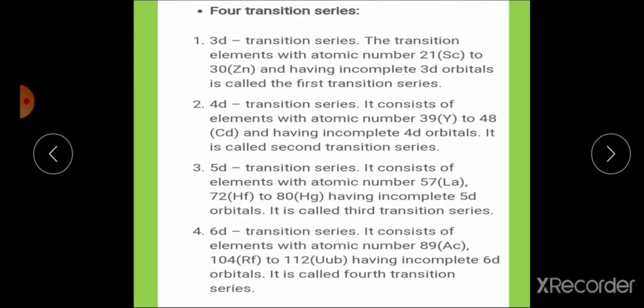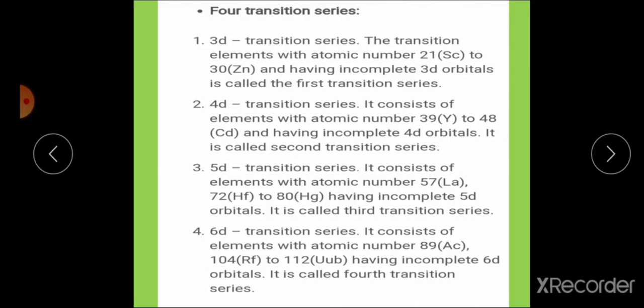Fourth is the 6d transition series. It consists of elements with atomic number 89, actinium, then rutherfordium 104 to 112, that is copernicium.